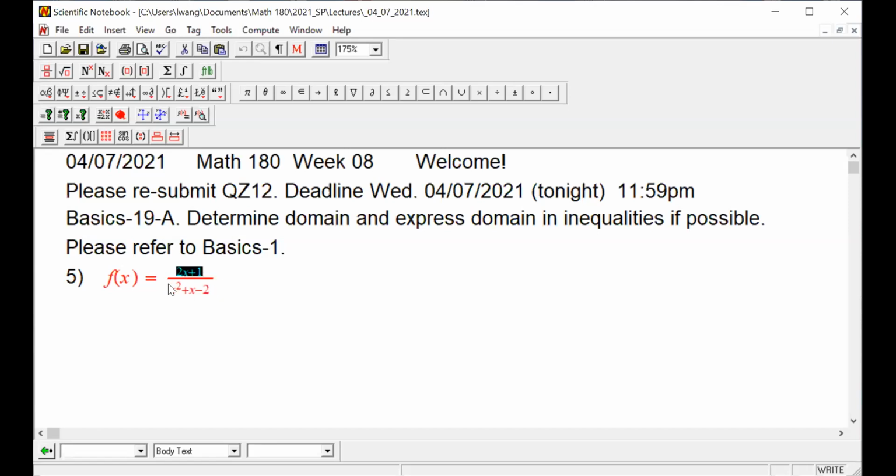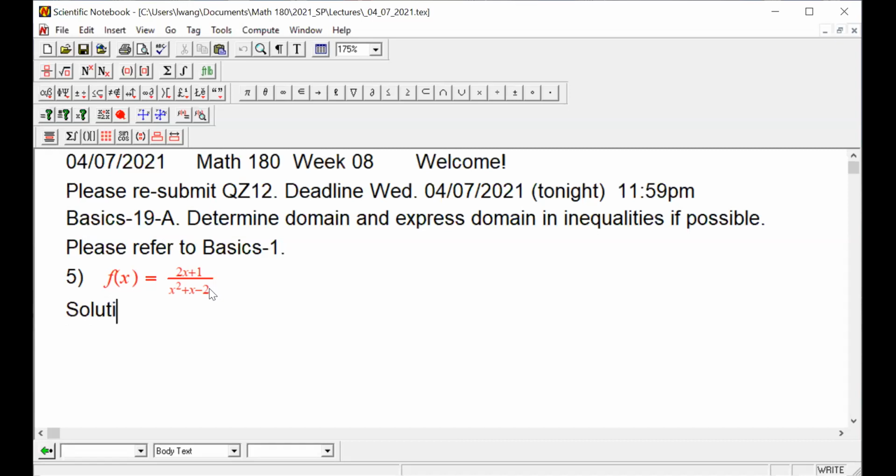Both numerator and denominator, if they stand alone, their domain are all real numbers. But because this quadratic is in the denominator, we have to make sure that the denominator cannot be 0. Okay, so that's the only thing we need to require.